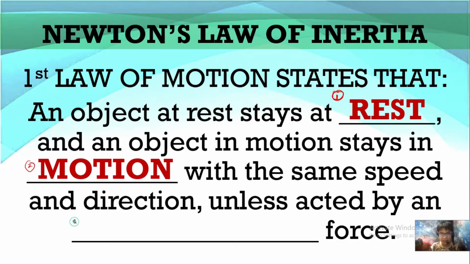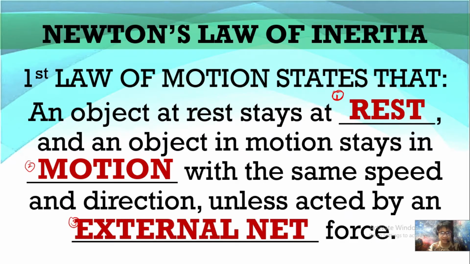Correct. So, we have here external net force. So, for a moving object to stop, or to overcome its inertia, we need to exert an external net force. Or, if an object is at rest and we want it to move, we should also exert an external net force greater than the inertia to change its state of motion.